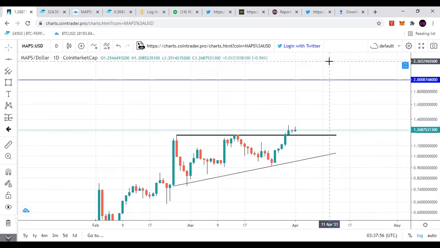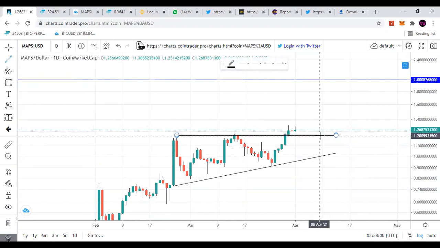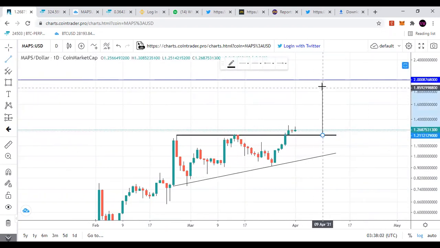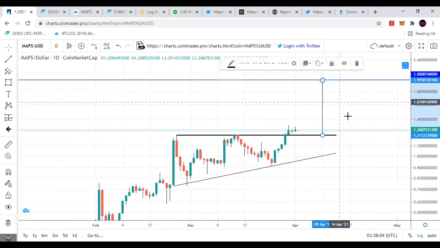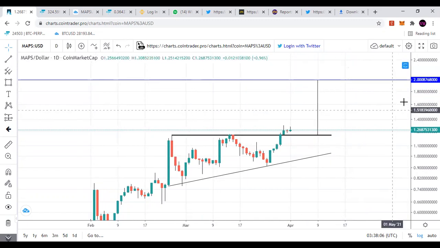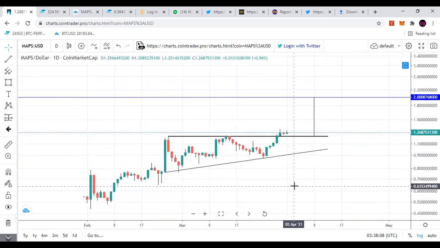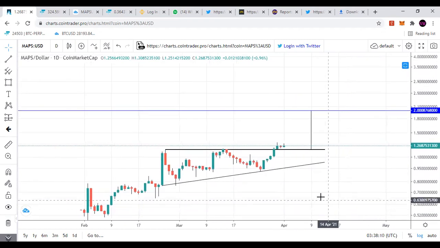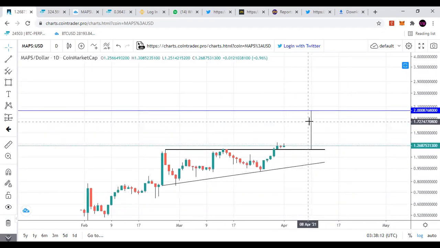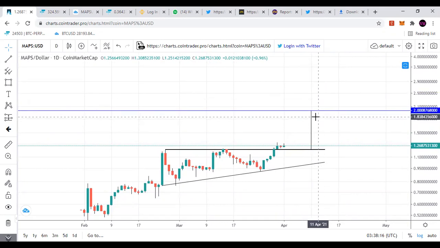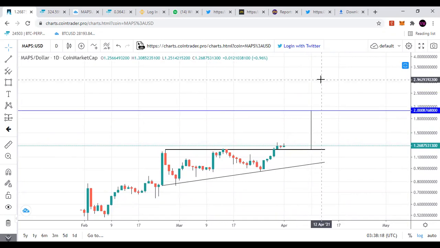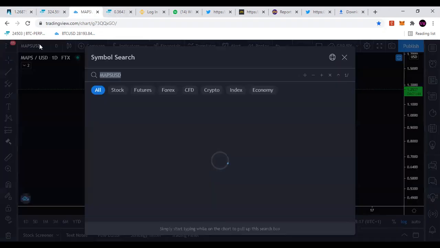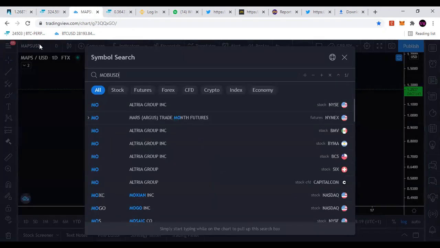Now, one thing again is this. Okay, let's say this from this to this level here. So one thing I want to point out here is price. When the price action gets to this, it's getting close to the target. Anything can happen. It can continue to go higher, just like what we saw in MOB USD.